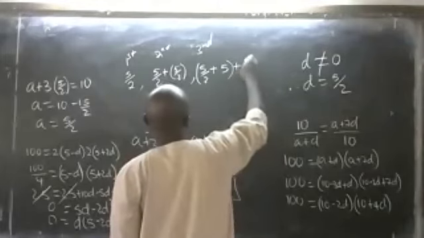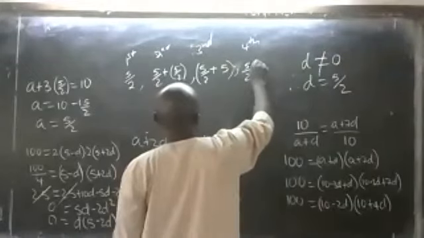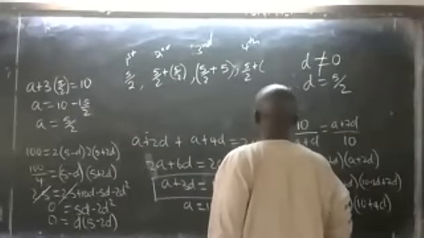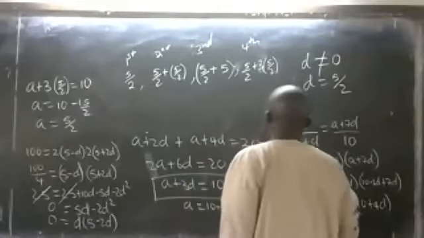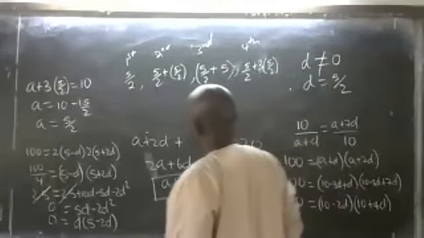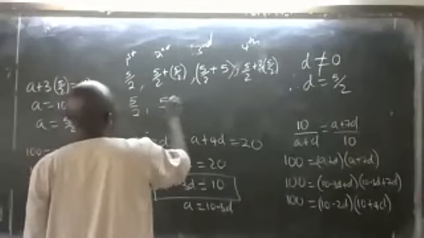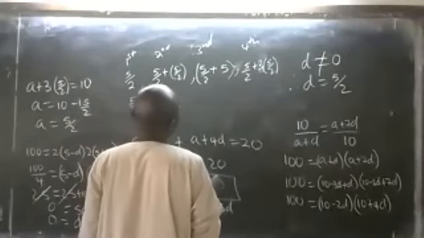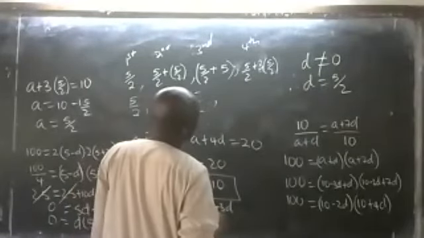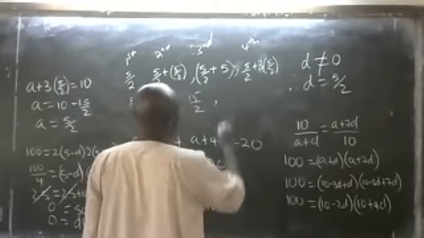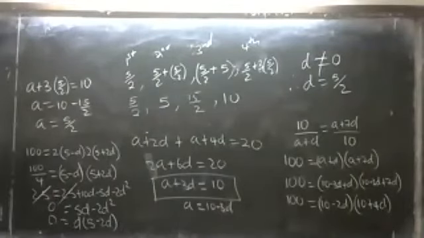Then our fourth is 5 over 2 plus 3 times 5 over 2. Then you simplify. This is 5 over 2. This is 5. This is 15 over 2. This one here is 10 over 2, which is 10.